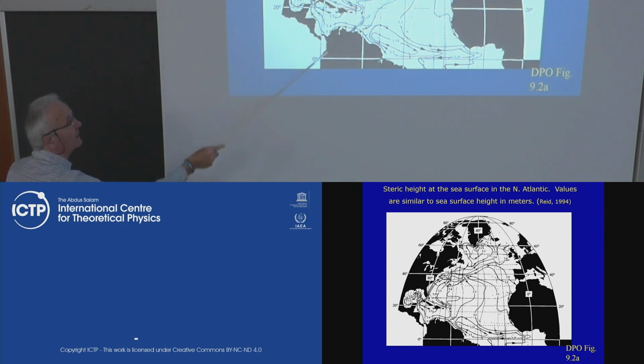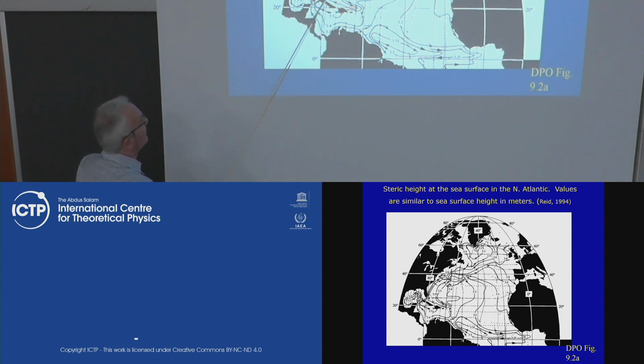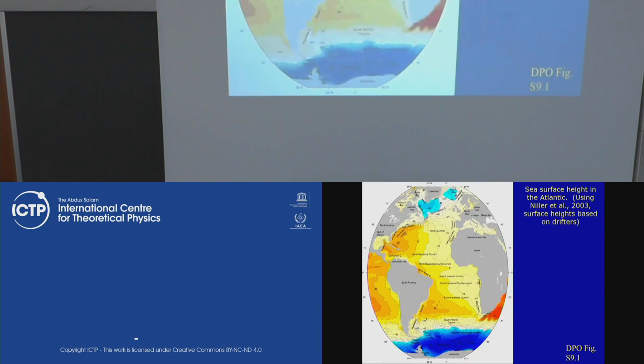And if you compare this, where you can see again the subtropical gyre in the Atlantic Ocean, with the sea surface height, you can see that they are very similar. They show similar features.